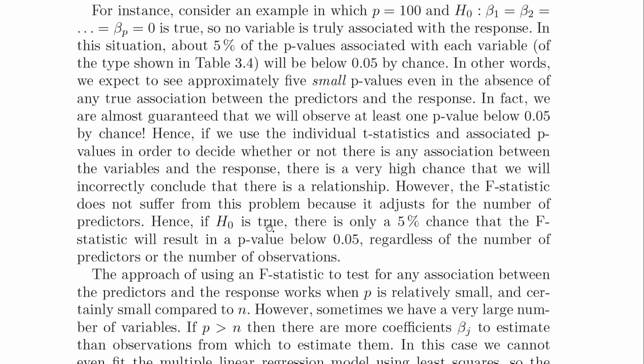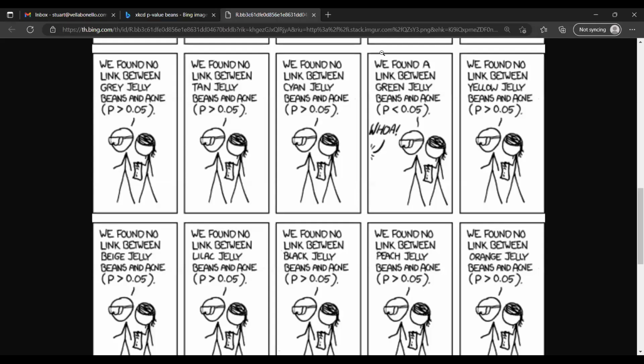And look what the comic does. This is genius, isn't it? The comic, look at this one: we found a link between green jelly beans and acne. If P is low, then H naught must go.